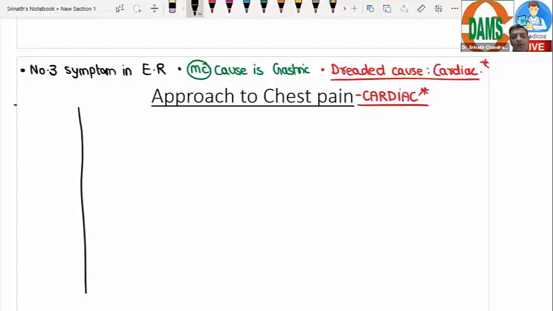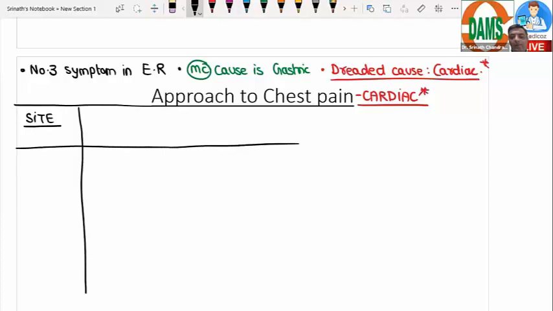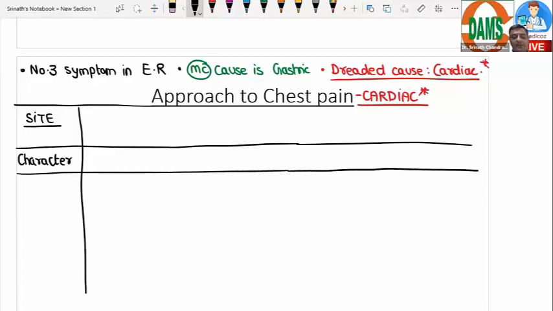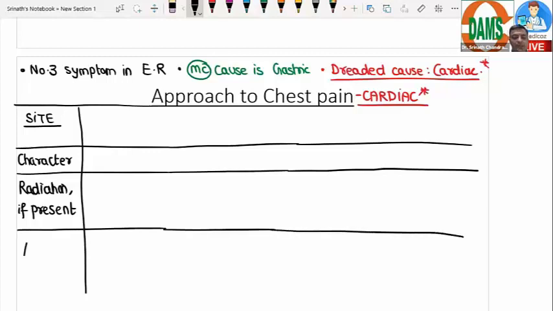You want to look for the site of the pain, the character of the pain, and the radiation if present. And we want to write down the final diagnosis. Clinically, I want you to give me the answer.